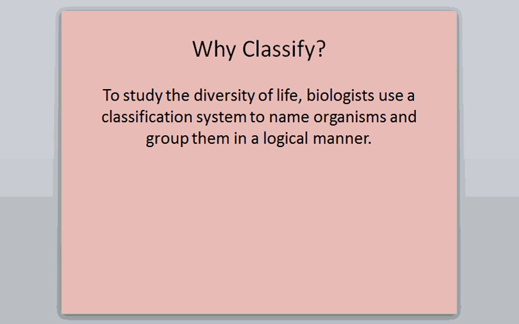So why do we classify things? To study the diversity of life, biologists use a classification system to name organisms and group them in a logical manner. This is very much the same reason students organize their music into playlists.